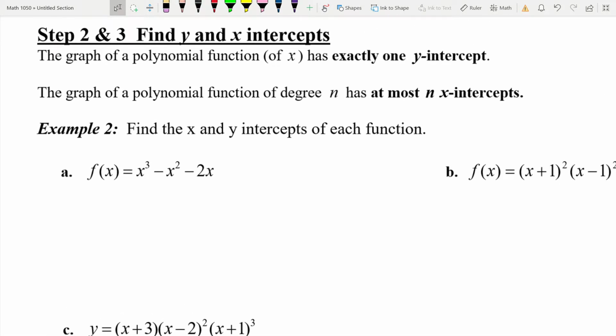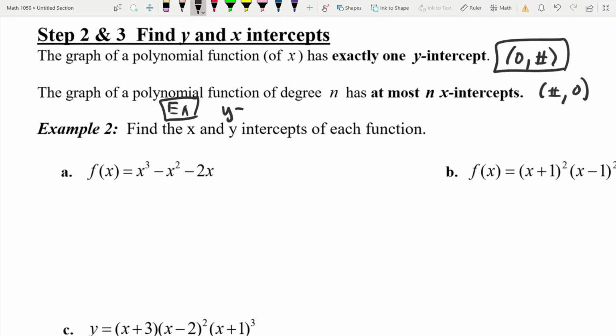Okay, y-intercepts. You can only have one y-intercept if it's a function. And I want you to remember that it is written 0, some number. That's how you write y-intercepts. X-intercepts are written as something, 0. Okay? I want to make one comment. Just add this right underneath this.